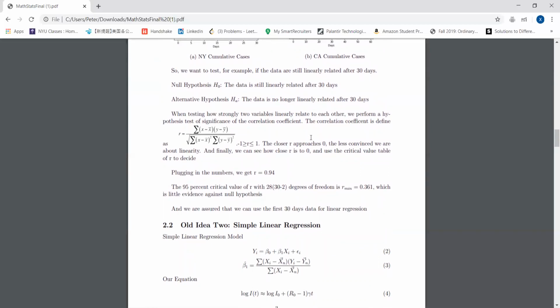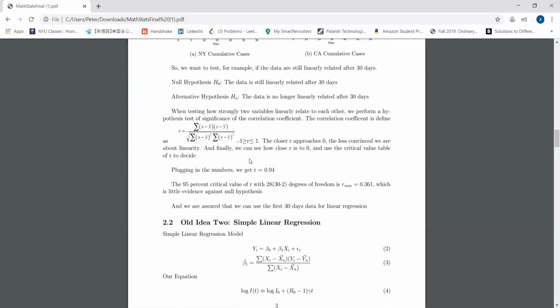We can use the correlation coefficient, which ranges from -1 to 1. The more it approaches 0, the less convinced we are about their linearity. Plugging in the numbers for Wuhan, we got 0.94.